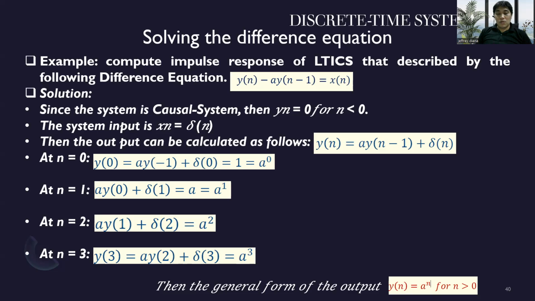Then the output can be calculated as follows: y(n) equals a y(n-1) plus delta(n). At n equals 0, y(0) equals a times y(-1) plus delta(0), which equals 1, so the answer at n equals 0 is a to the power of 0.